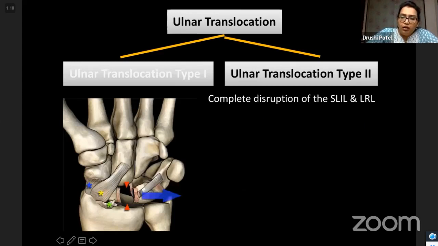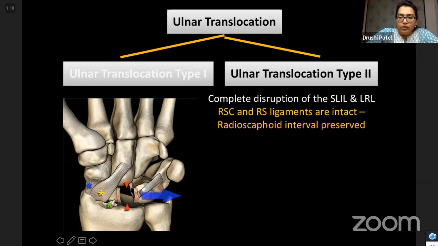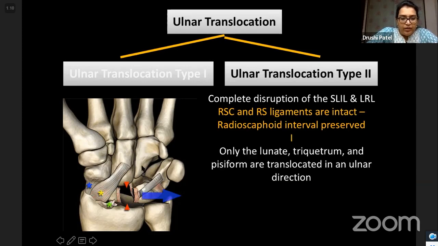Versus ulnar translocation type 2, wherein the injury occurs at the level of the scapholunate ligament and along the long radiolunate ligament, that is the extrinsic ligament. So this results in only the lunate, triquetrum and the pisiform bones being moved towards the ulnar direction and away from the distal radius.